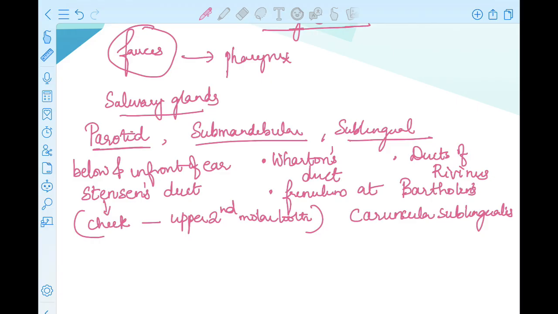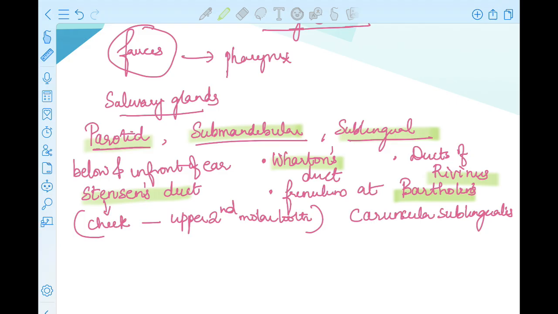It opens near the submandibular duct. So the duct of each of the salivary glands is important. For parotid, it has the Stenson's duct. For submandibular, it has the Wharton's duct. And for sublingual, it has the ducts of Rivinus, and the largest of it is the Bartholin's duct.